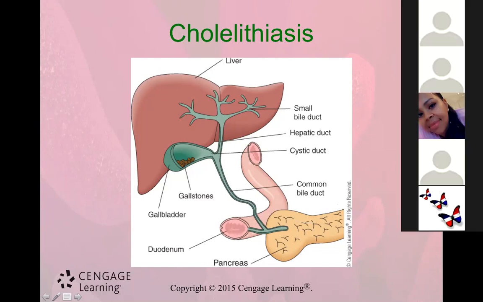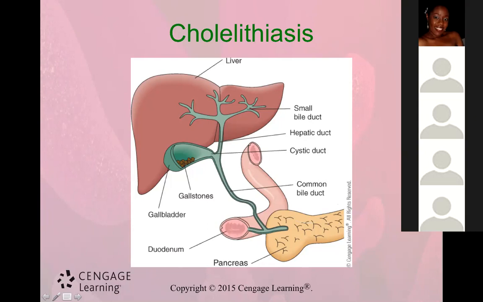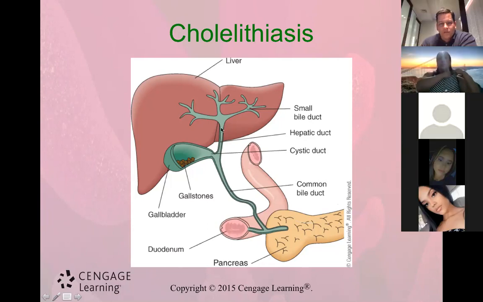So the main thing here is that when one of these ducts is blocked with a gallstone that is formed here, this causes pain to the patient. That's why sometimes you gotta get rid of the gallbladder, cut it completely, so you don't have these problems of gallstones.